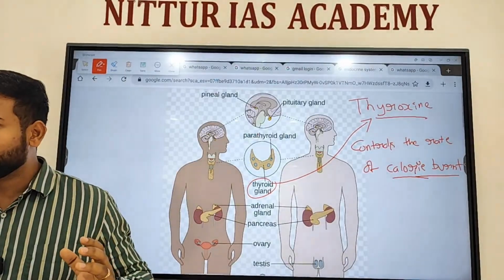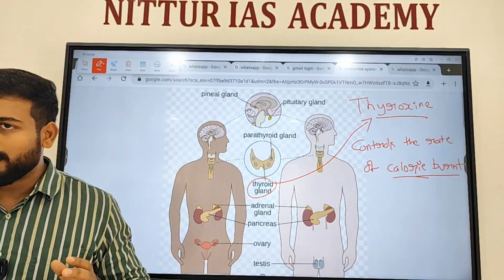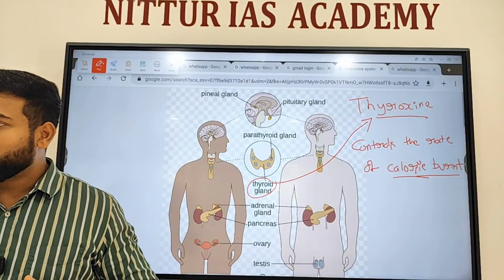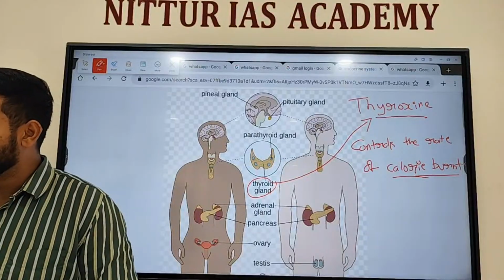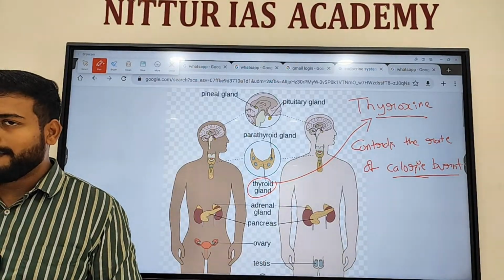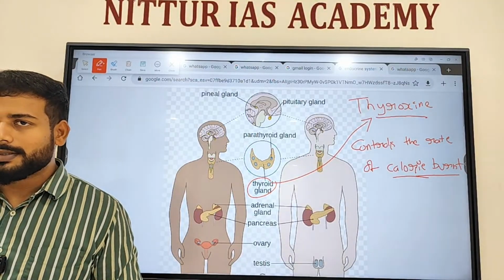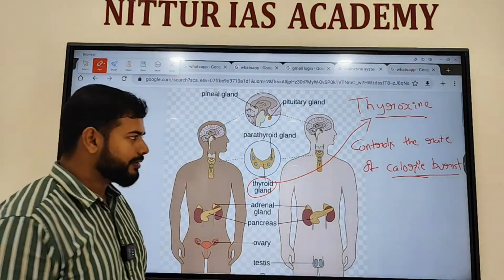You are doing nothing, still calories are burnt. If thyroxine is secreted less, you are doing a lot of work but the calories are still not burnt. They will be stored in your body. That is the issue, right? If it is not secreted properly, either more calories are burnt or fewer calories are burnt. That is the issue.